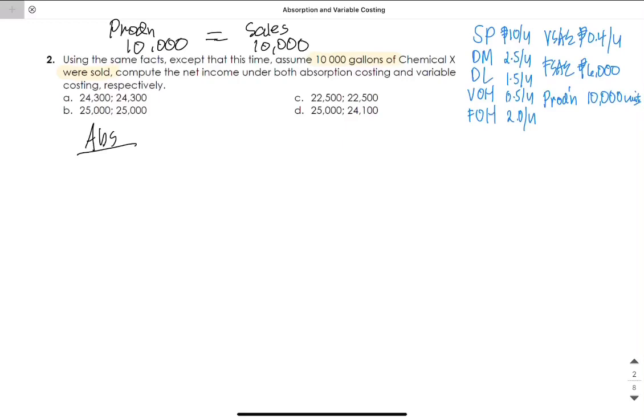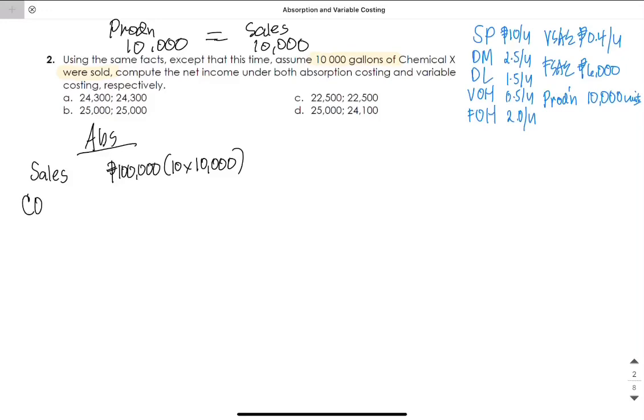Anyway, for those who cannot understand this easily, you can still prepare the income statements using the long cut method. So we have the sales again, but this time your sales amounted to how much? That is 10 times 10,000, so this is 100,000.